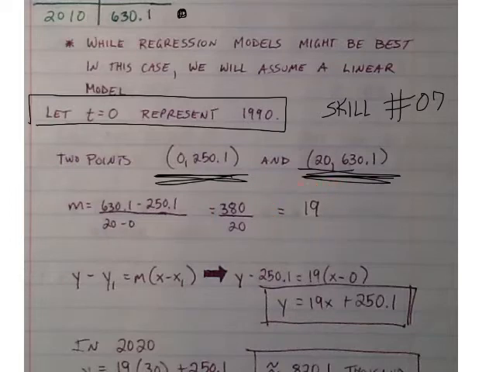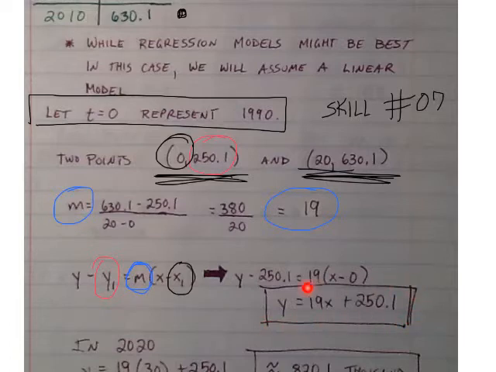So we now know our m value is 19, so we can plug that into our point-slope equation, plugging in y1 for y1 and x1 for x1, and we get the following model: y minus 250.1 equals 19 times x minus 0.